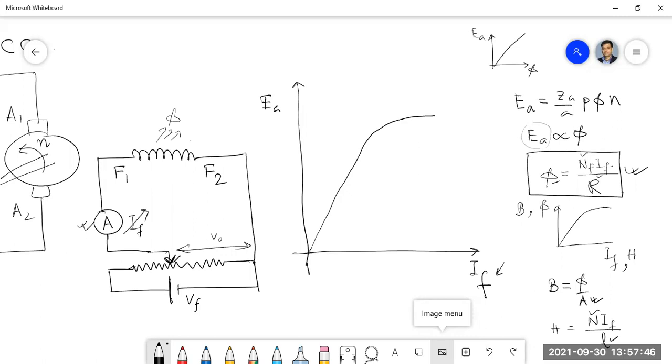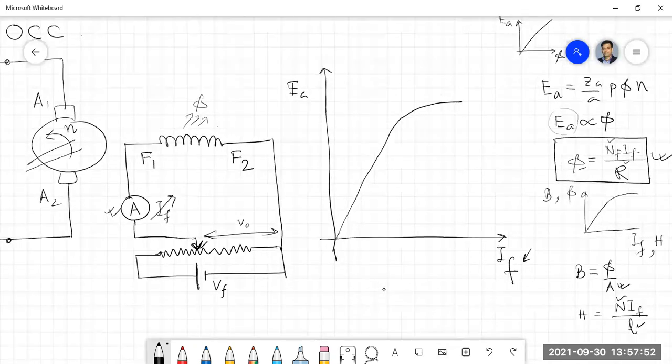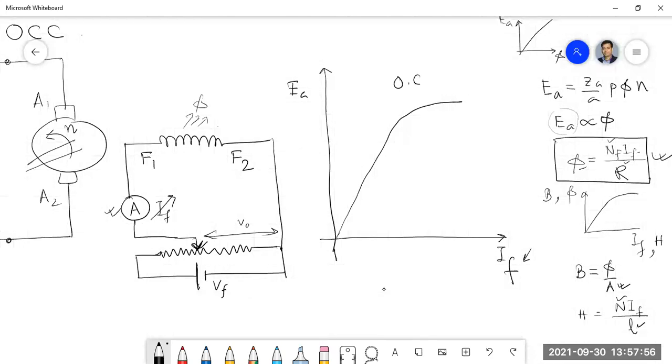Yes, sir. Okay, so this is called the open circuit characteristics curve. Now can you tell me who decides the nature of this curve? The material of the magnetic material. The core material, correct.